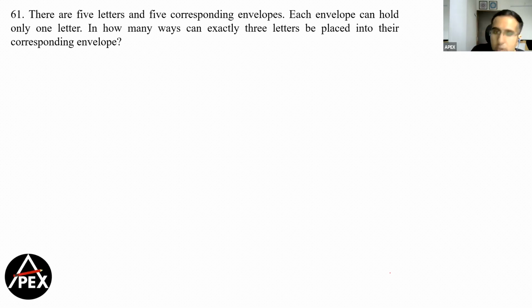So remember, whenever I'm saying exactly 3 are going to the correct ones, I have to ensure that the remaining 2 are each going to incorrect ones. Now, the remaining 2 going to incorrect will always be termed as the concept of derangement.